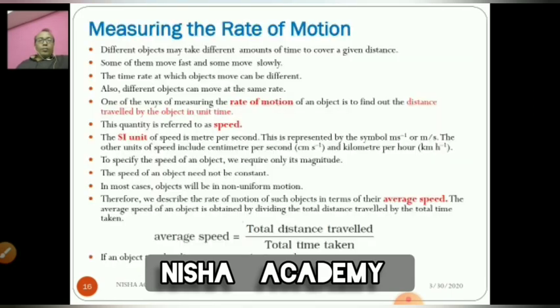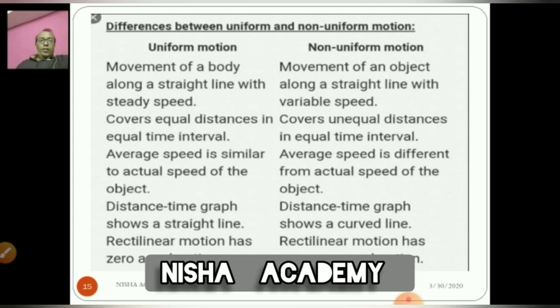In uniform motion, the object covers equal distance in equal time intervals, while in non-uniform motion it covers unequal distance in equal time intervals. In uniform motion, average speed is similar to the actual speed of the object, but in non-uniform motion the average speed can be different from the actual speed of the object.